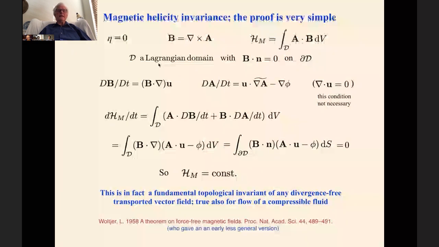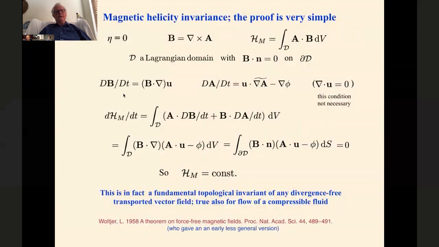Well, D has to be a Lagrangian domain with B dot n equal to 0 on its surface. That's a magnetic surface which moves with the fluid. I've written the induction equation in a slightly alternative Lagrangian form here.